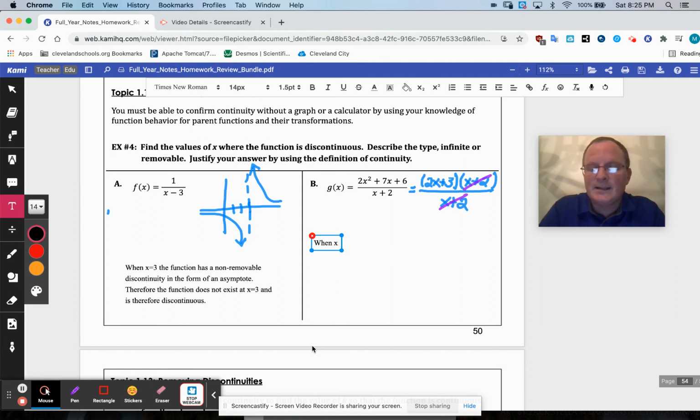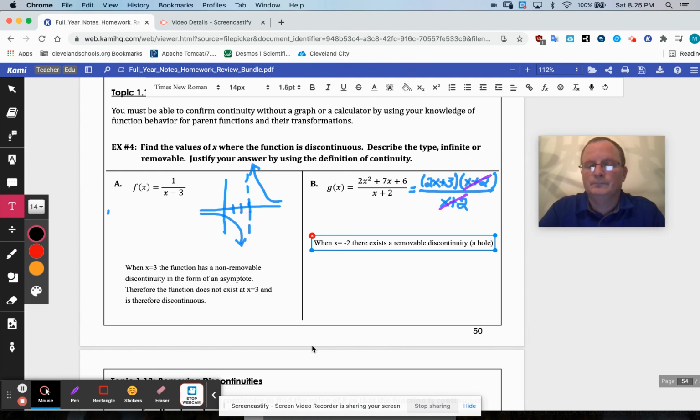When x equals -2, there exists a removable discontinuity in the form of a hole.